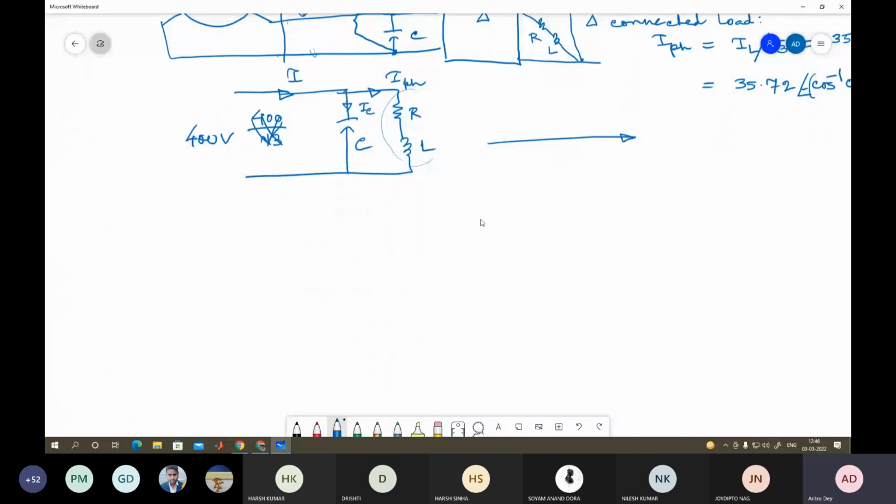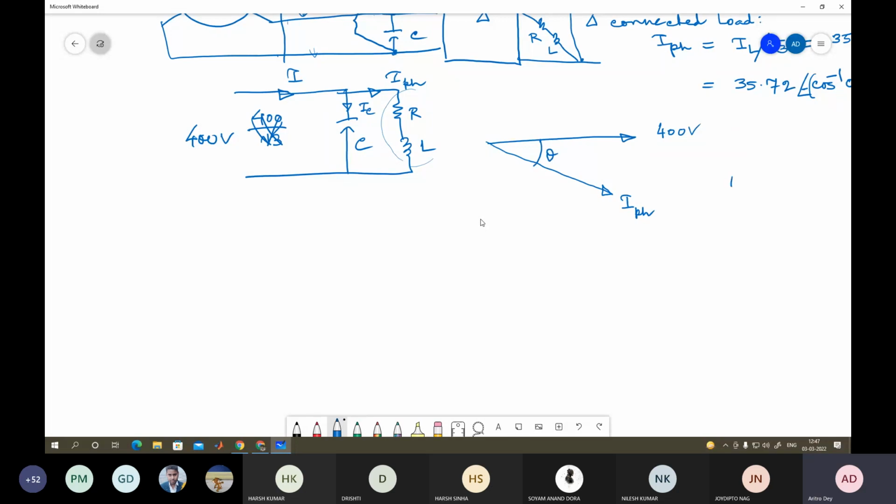This is your 400 volt supply. As it is a parallel circuit, so we'll take 400 volt as our phasor. And then initially when this C was not present, then we had this, right? This is your I phase. And what is that angle?